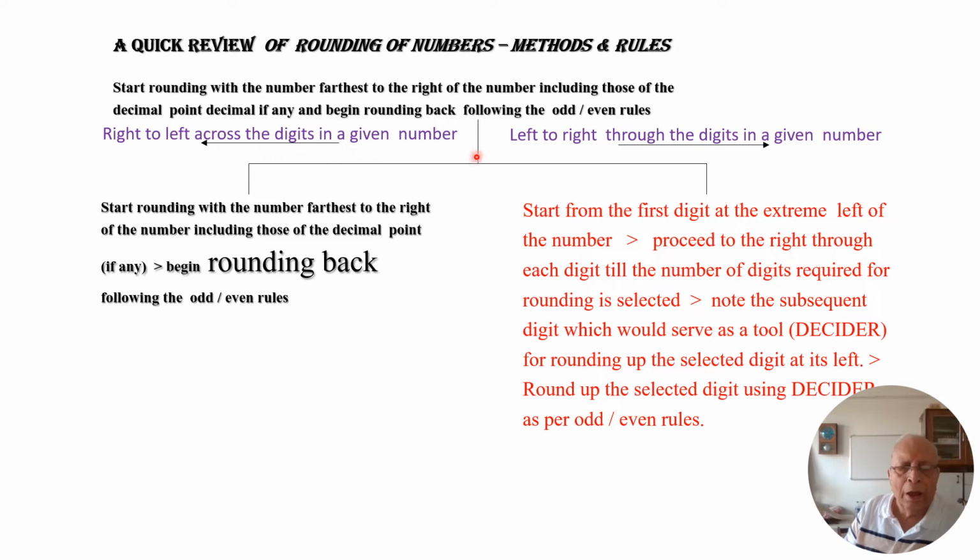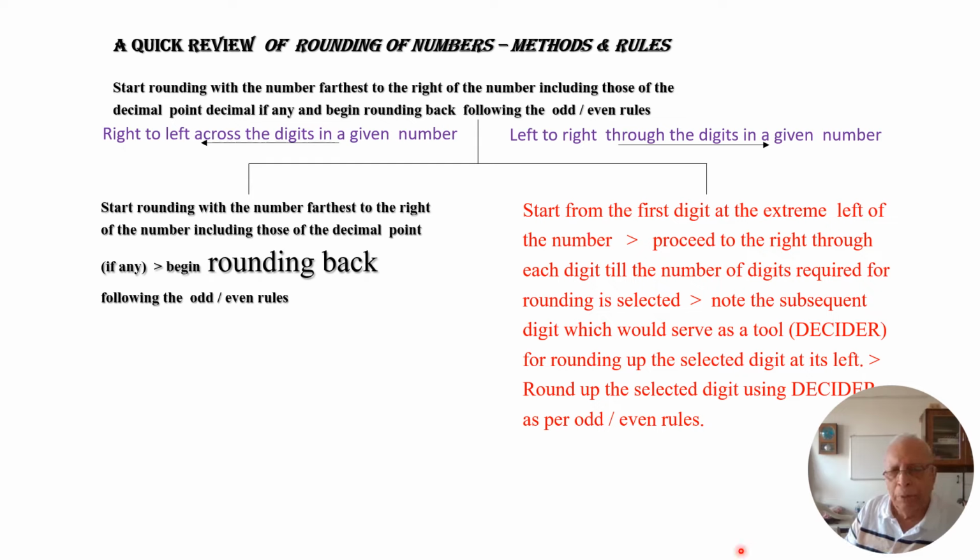Of course, I have divided into two types. Either you can move from right to left across the digits in the given number, or you can move from left to right through the digits in a given number. And if you feel convenient, you may use any one of the methods.